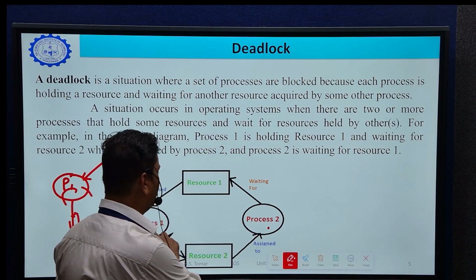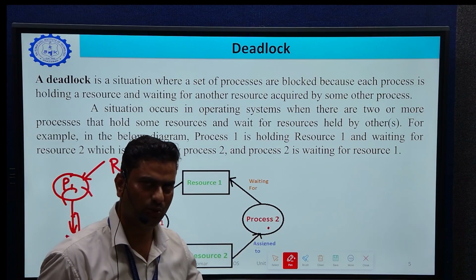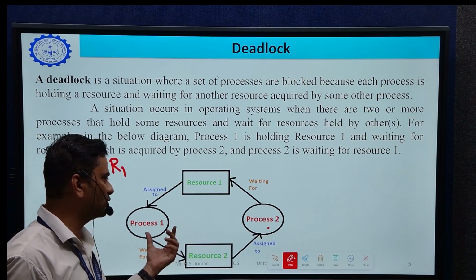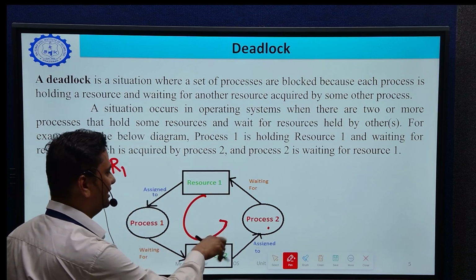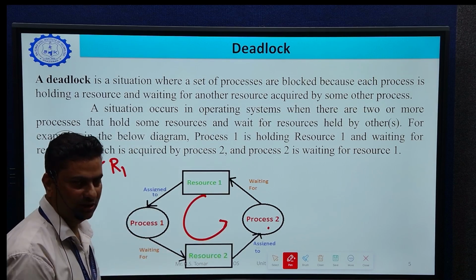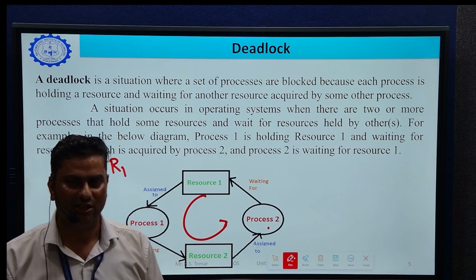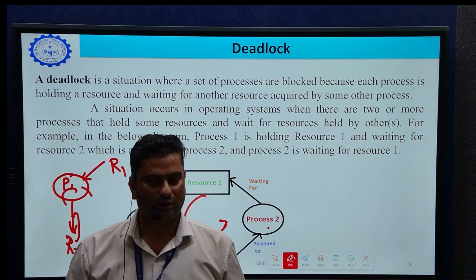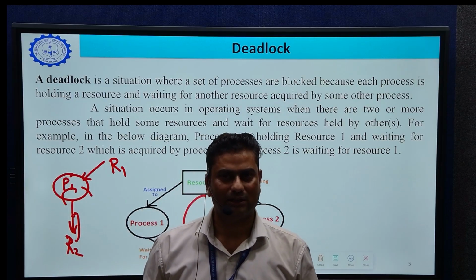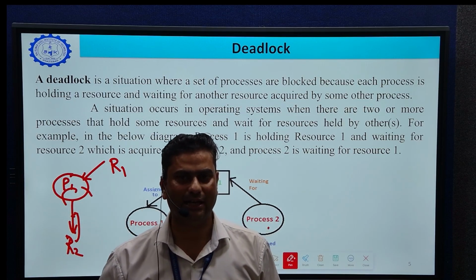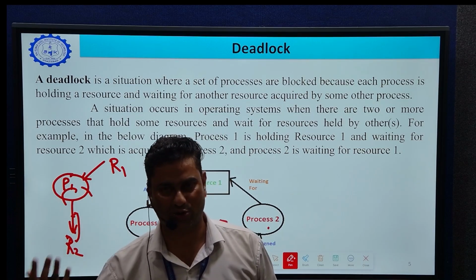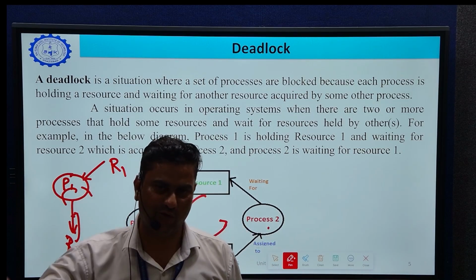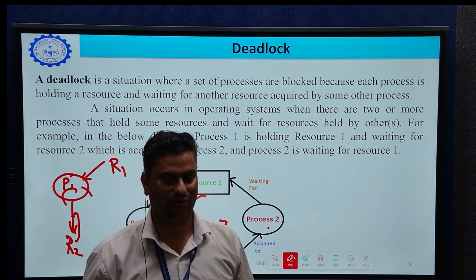That means process P1 is waiting for process P2 and process P2 is waiting for process P1. There is a cycle in this graph in this direction, and there is a deadlock. So the deadlock concept says that two processes are requesting resources that are already allocated to some other process. Process 1 is waiting for process 2 and process 2 is waiting for process 1. So there is a deadlock.